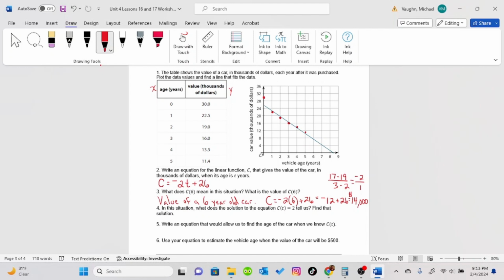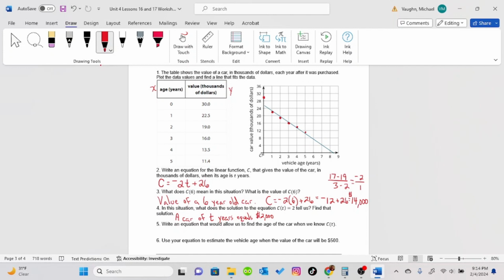So this tells us a car of t years equals $2,000.